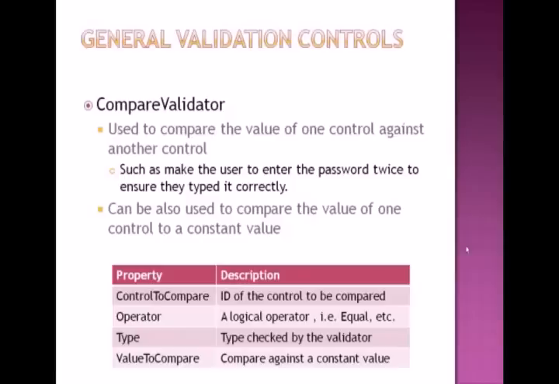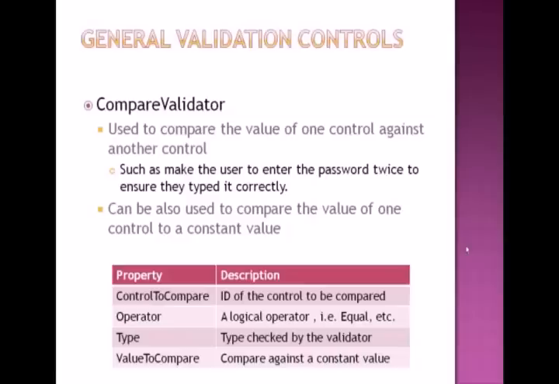You can set this property to make sure that you compare two different server controls' values. If you set this value, then the value to compare, which is the last property in this table, will not be checked. It will not have any effect because control to compare overrides the value to compare.